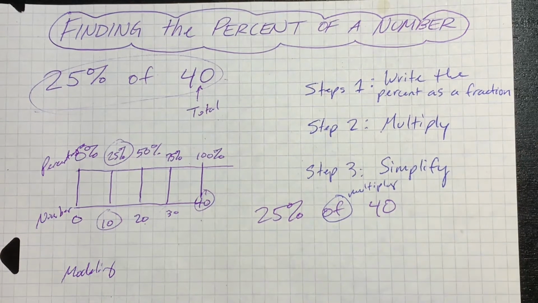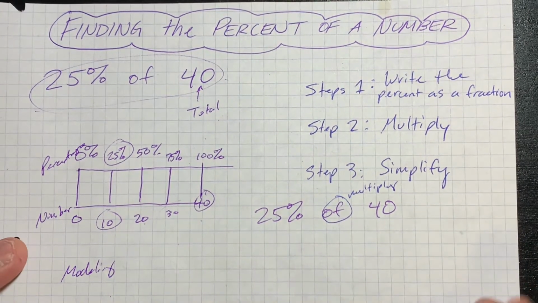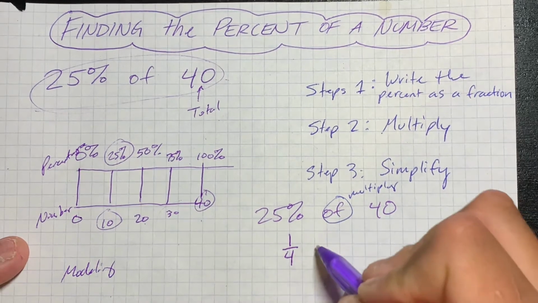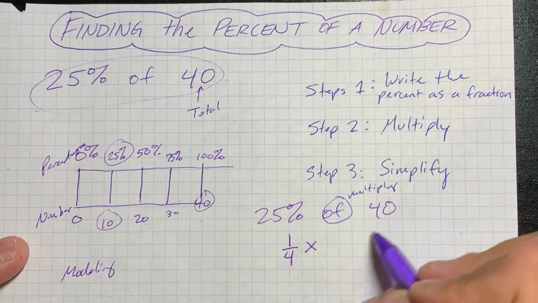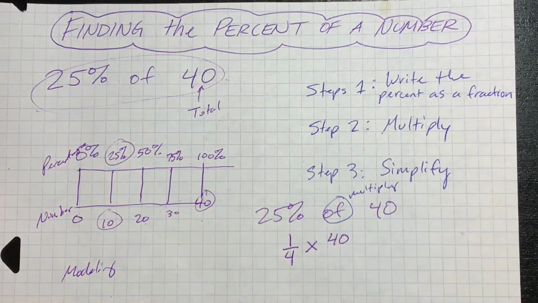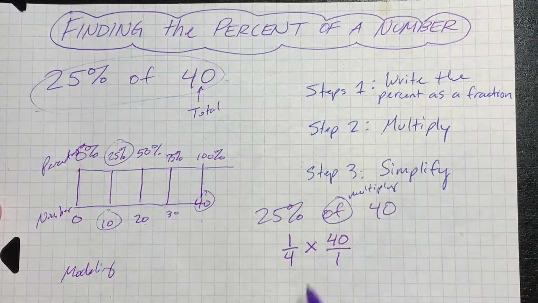So what that means is we're going to convert 25% into a fraction. So 25% as a fraction is going to be 1/4. Of means to multiply, and then the whole number 40. So right here we want to make the whole number into a fraction simply by putting a 1 underneath of it.